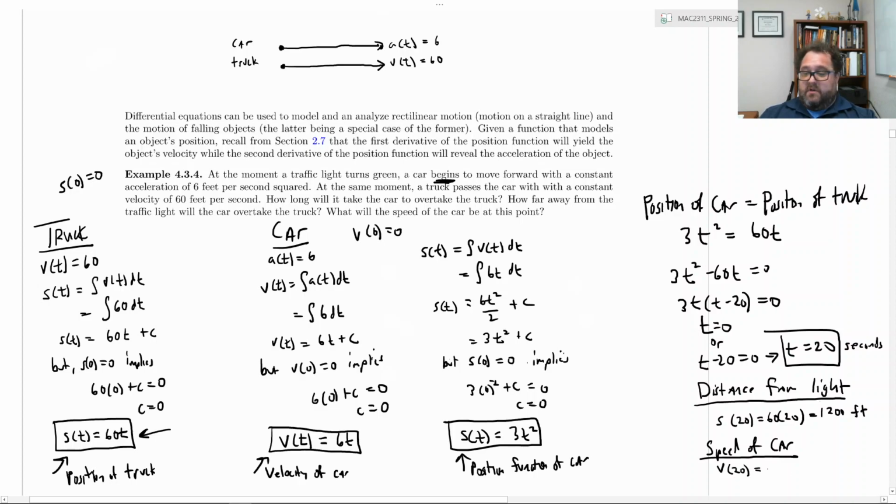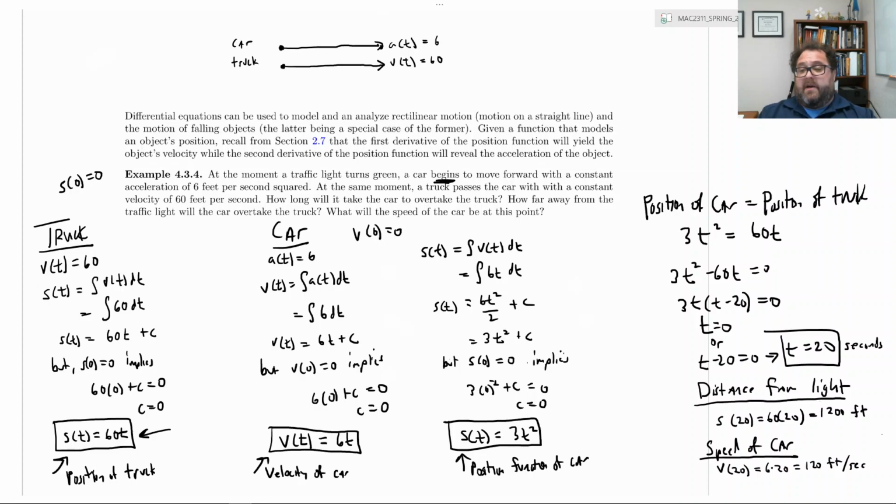And the velocity was 6 times t, so 6 times 20 equals 120 feet per second. So it takes 20 seconds for the car to overtake the truck. At that point, both the car and the truck are 1,200 feet away from the stoplight, from the starting point, and the car is going 120 feet per second.